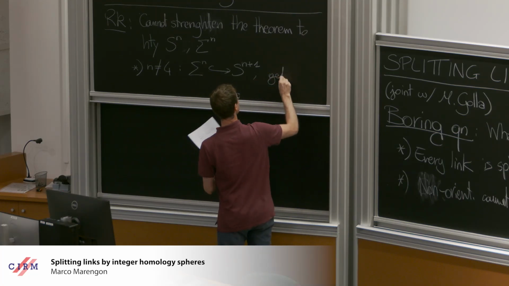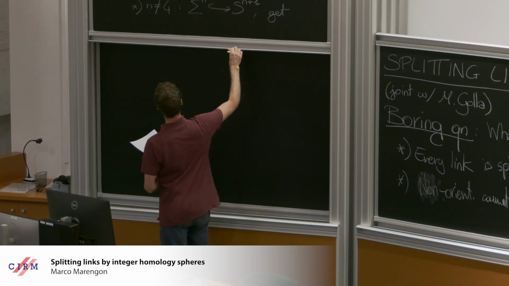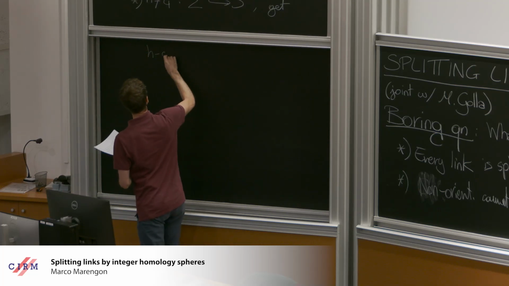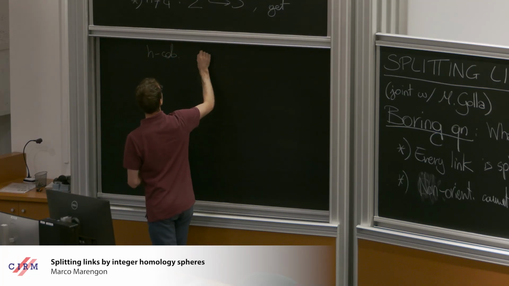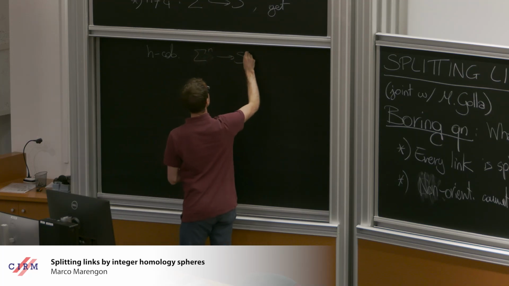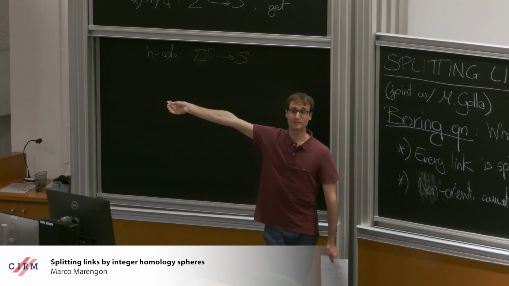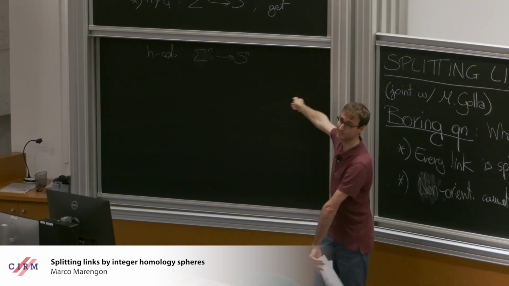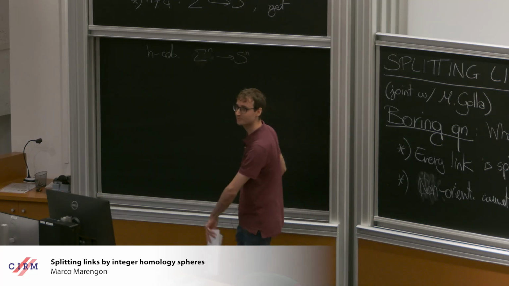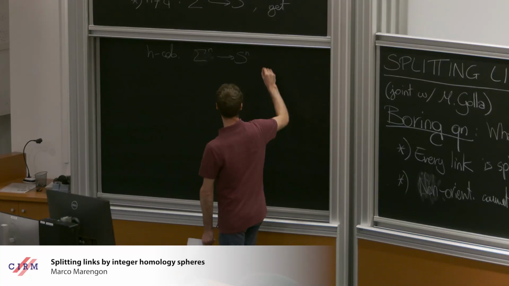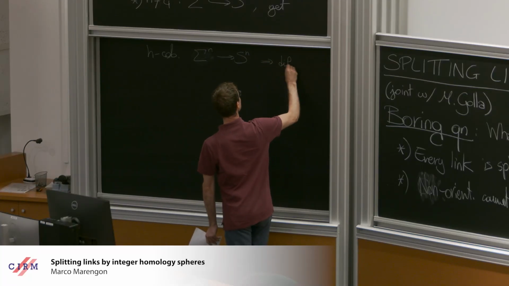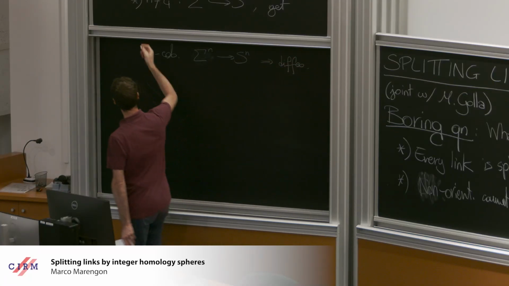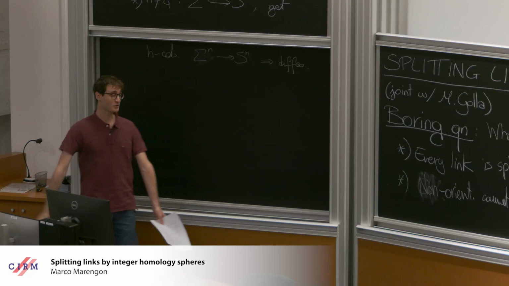So you get an H-cobordism from sigma^n to S^n, but when n is at least 5, then the H-cobordism theorem tells you that sigma^n is diffeomorphic to S^n. So it wasn't anything different. So this reasoning clearly fails in dimension 4.